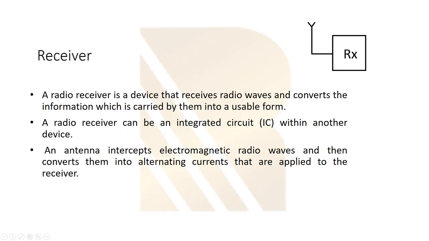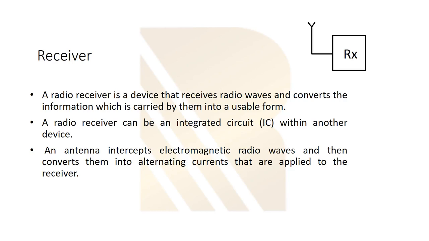As we talked about in course 1, the radio receiver is a device that receives radio waves and converts the information which is carried by them into a usable form. When we say usable form, it means that when the receiver captures the radio waves, they are not in a usable form because we modulated the data before. So first we have to separate the data from its carrier, and this task is done by the receiver.